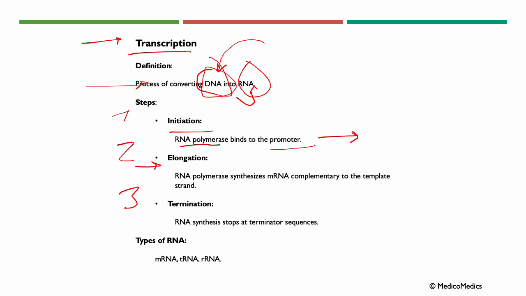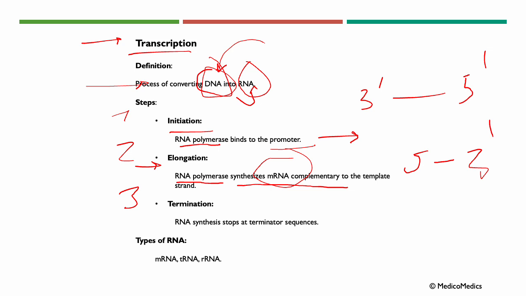So RNA polymerase reads the DNA in 3 to 5, and then it synthesizes a complementary mRNA in the 5 to 3 direction.